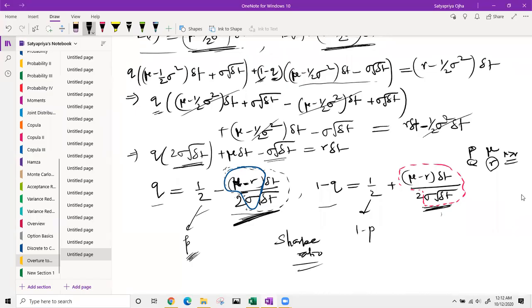So how pleasant it is, right? The probabilities got adjusted by something related to Sharpe ratio. And what is Sharpe ratio? Sharpe ratio is saying what is the additional return that you are generating per unit risk. If it would have been risk-free rate, there is no sigma.